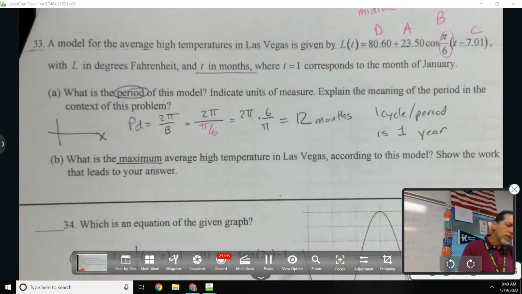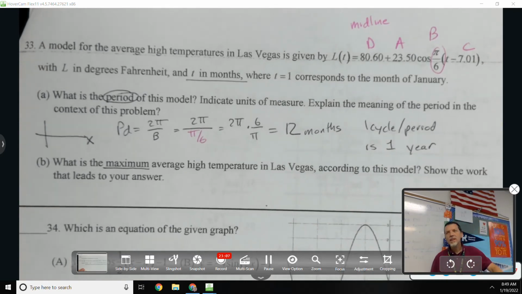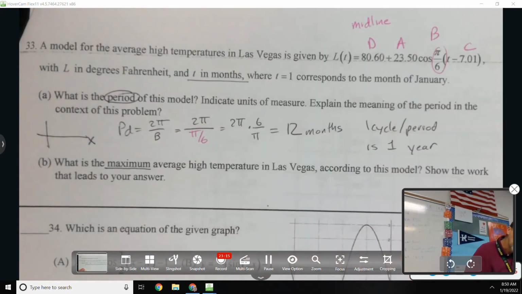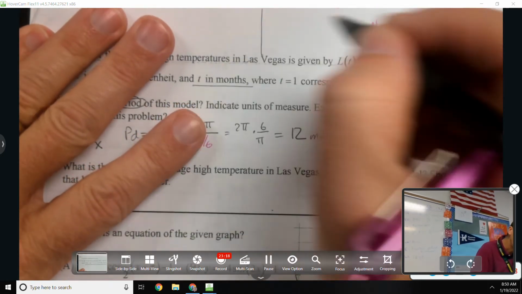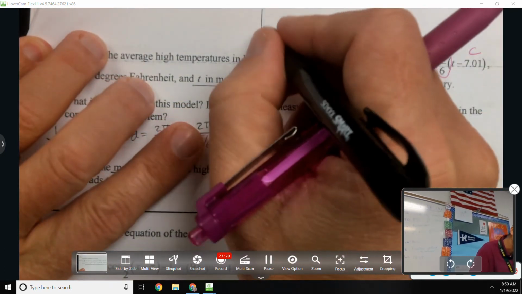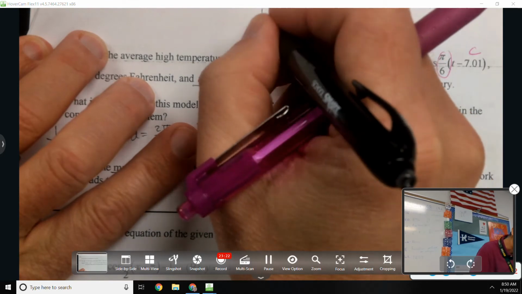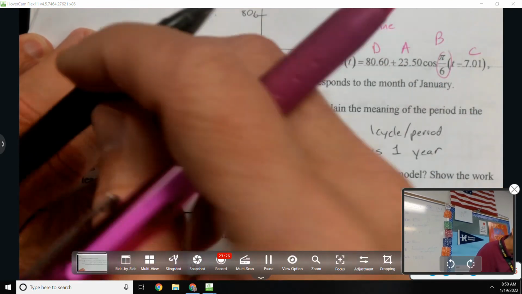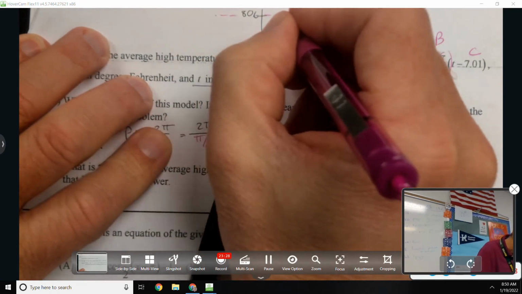So what does D represent in terms of the graph? Maybe, yeah, the average of the average high temperatures. So that would be up there at 80.6. That would be where the midline is.